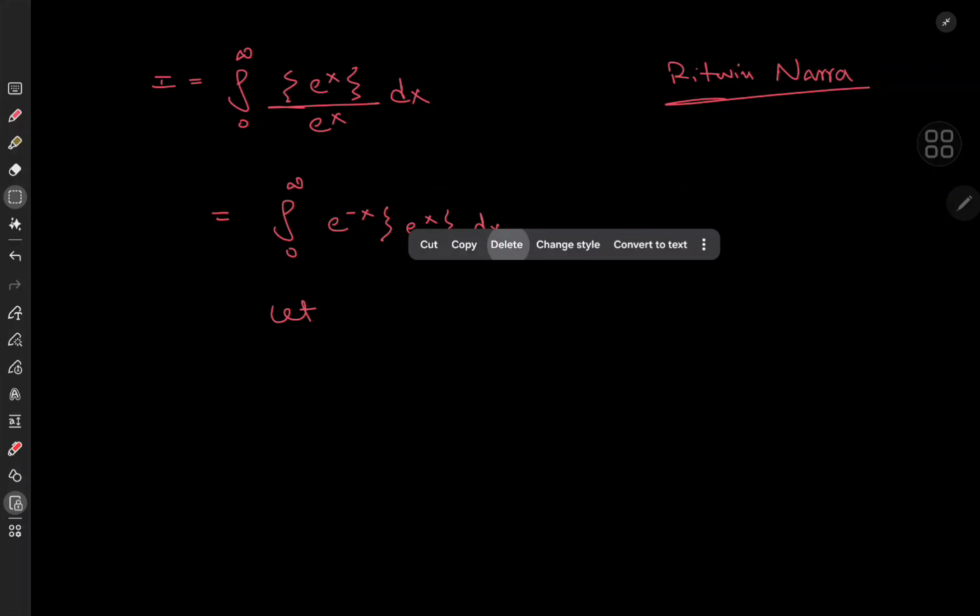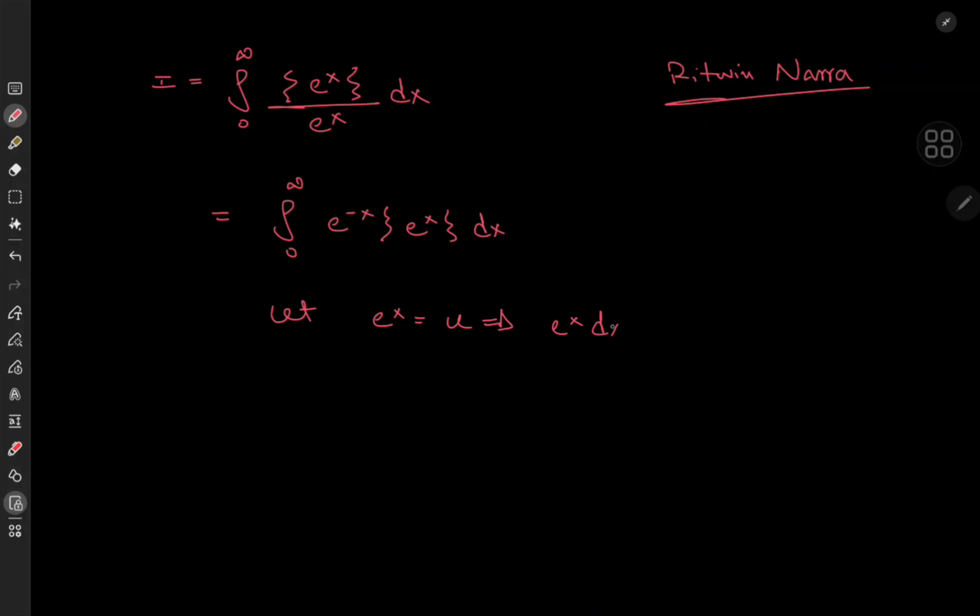It was letting e to the x itself equal u, and this implies that e to the x dx equals du, but this implies that dx is equal to 1 over e to the x du, and e to the x is simply u. So we have dx here, terribly sorry about that, equal to du over u.